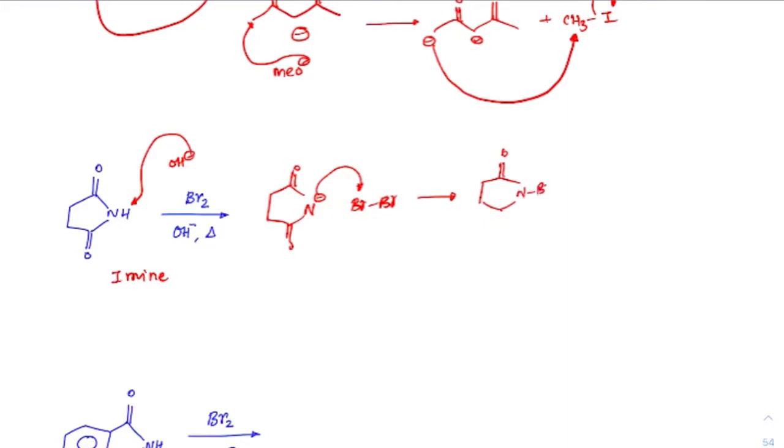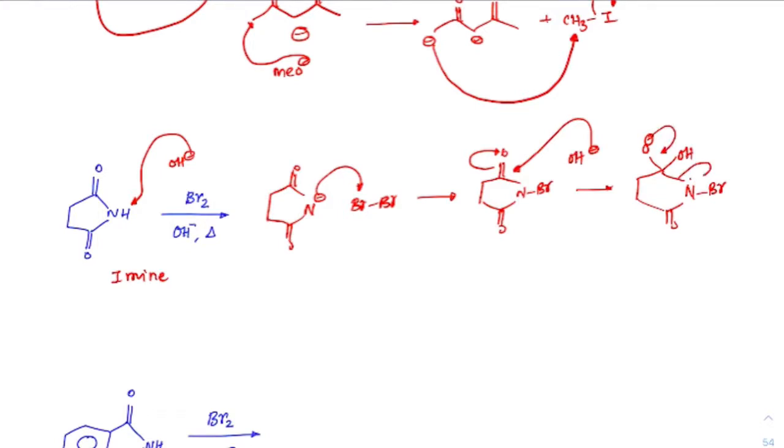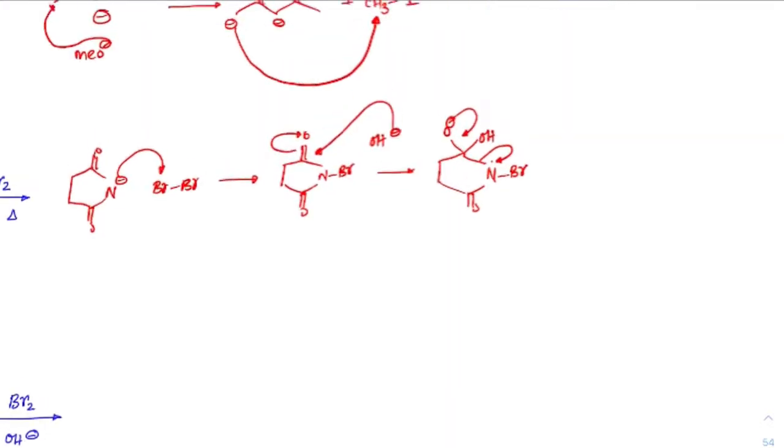So this is N-bromosuccinimide, which again, if we continue to react with OH minus will attack here, and we will get this as OH, O minus with double bond O, N and Br. As this double bond closes now, this bond will break towards nitrogen, and we will get this as double bond O, OH, double bond O, N, Br, lone pair and negative charge.